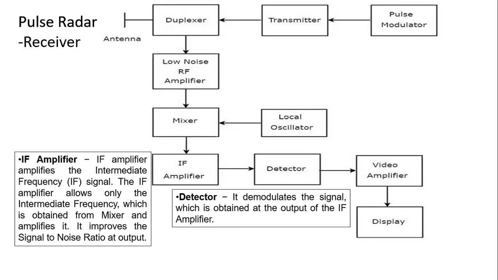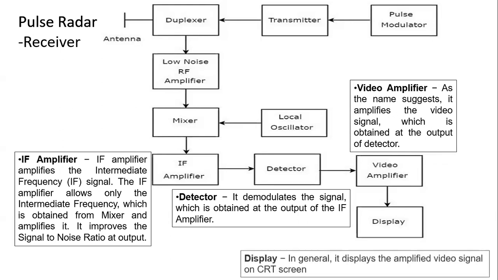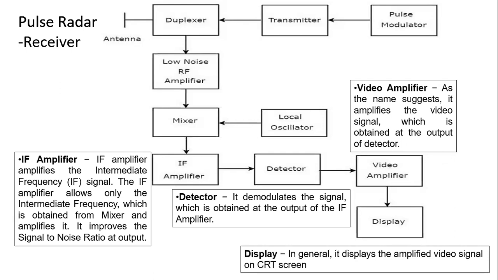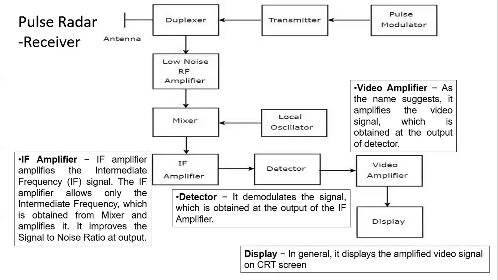Now the detector detects this IF signal, and further, it demodulates the signal first and then goes to a video amplifier. This video amplifier is basically where the output is displayed. Now it can be in audio form or it can be in a display form. So that is how our pulse radar works.